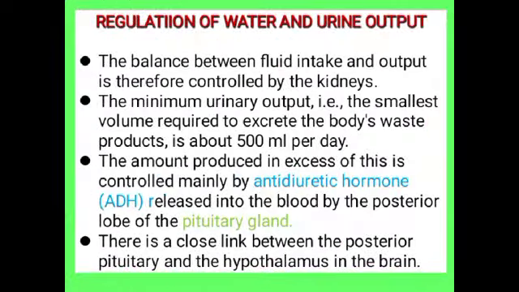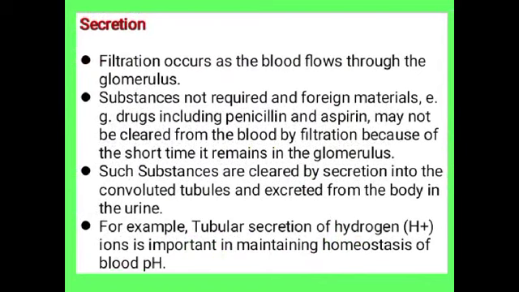So when we've got a large amount of hydrogen within the blood, that hydrogen is going to be excreted at the distal convolution through the process of secretion. So these are the three stages that are essential in urine formation.